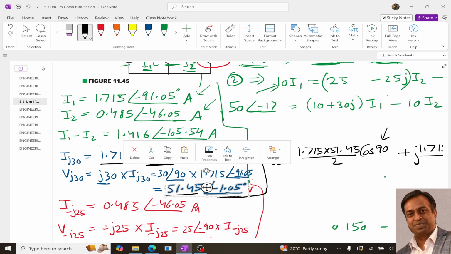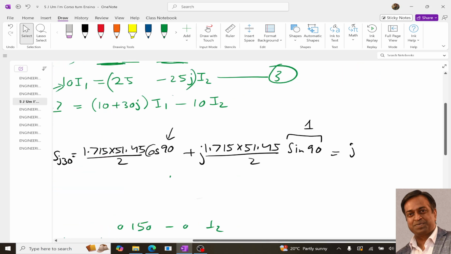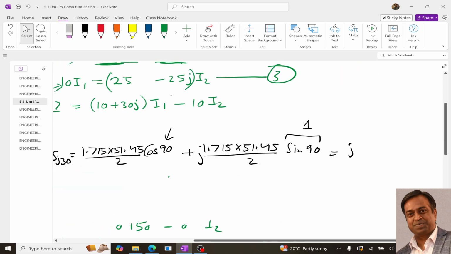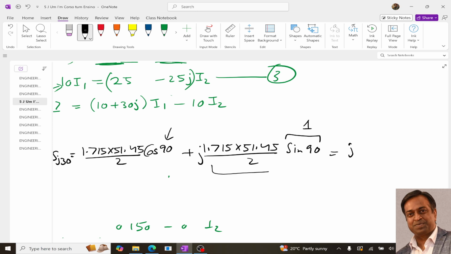So 1.715, okay, I need to calculate this. Oh, okay, so this will be 1.715 into 51.45 divided by 2, so it will be 44.12, right?